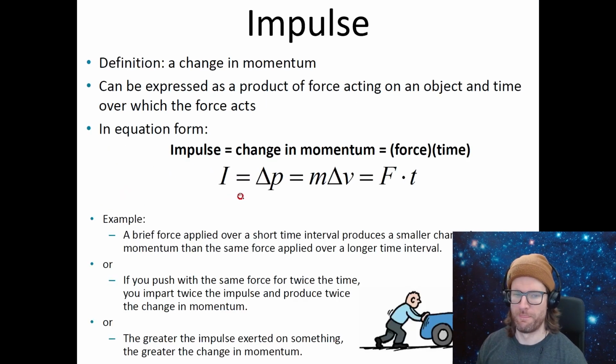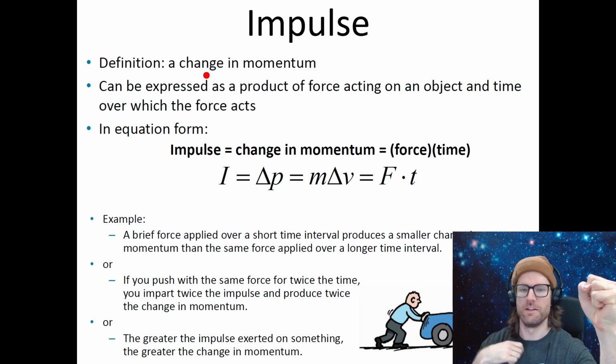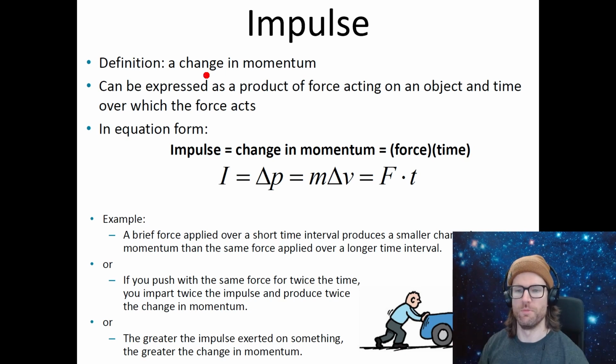Okay. All right, impulse. Impulse is a change in momentum. If you have an object with some momentum, something from the outside comes in and affects it and changes the momentum. So impulse is a change in momentum. Here's our equation for it. Impulse I is equal to the change in momentum. The Greek letter delta means change, and P is momentum.